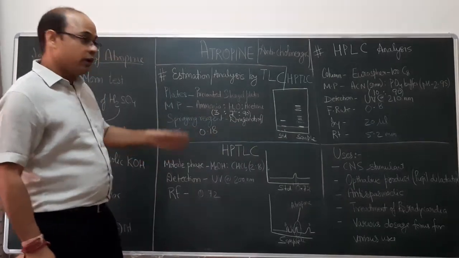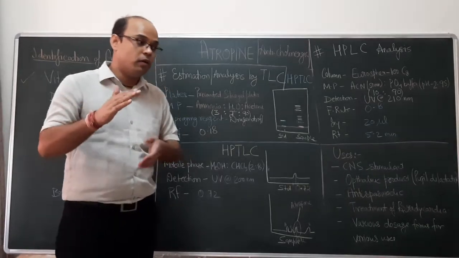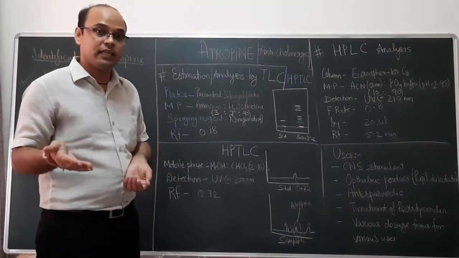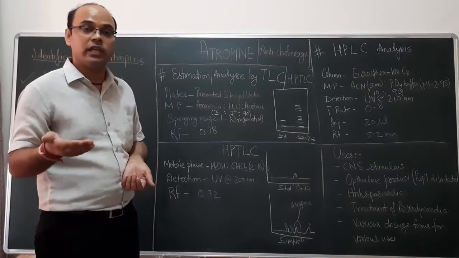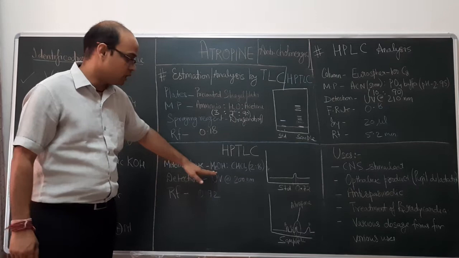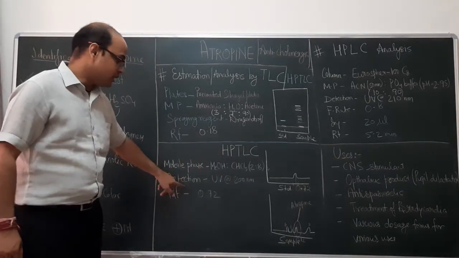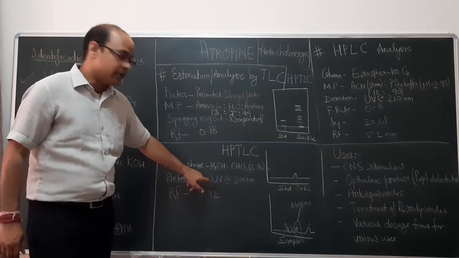Okay, moving on to a more sophisticated technique. It is a modern version of TLC called high performance thin layer chromatography, HPTLC. Here we have used the mobile phase methanol and chloroform in the ratio of 20:80. The detection was done by setting the UV.